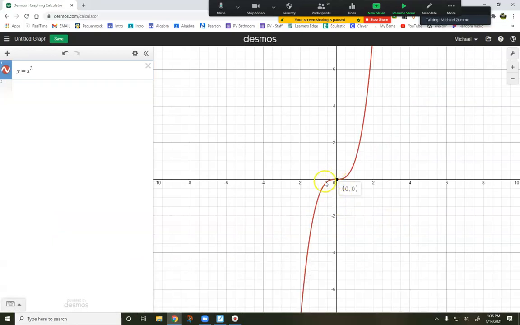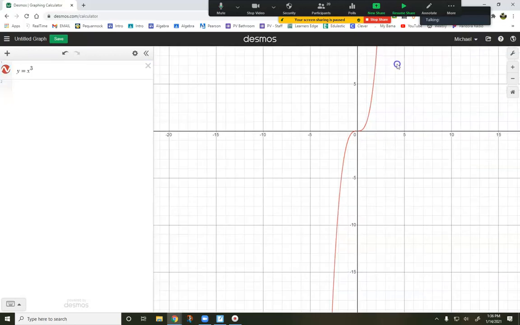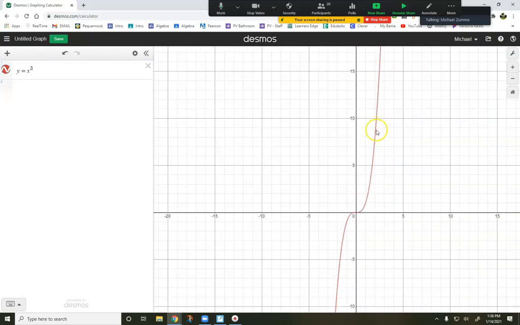It's actually a mirror image going into the third quadrant. Right, this is called an asymptote. We have the point at 0, 0. We have 1, 1, sorry. We have the 2, 8, which would be right here. Okay, and you would actually be able to follow all those points. This is what the graph would look like.